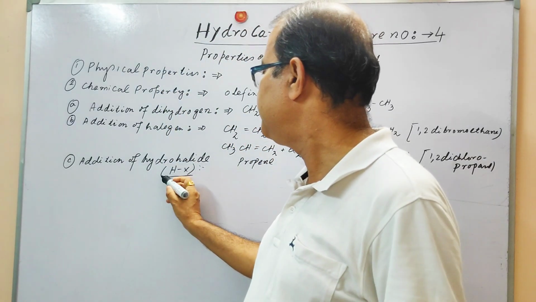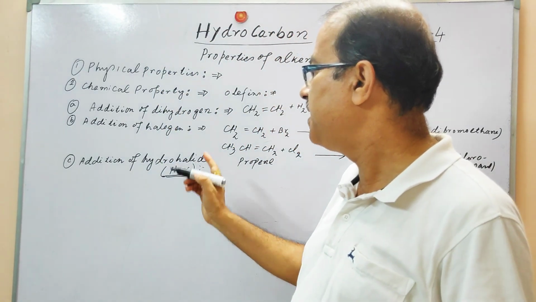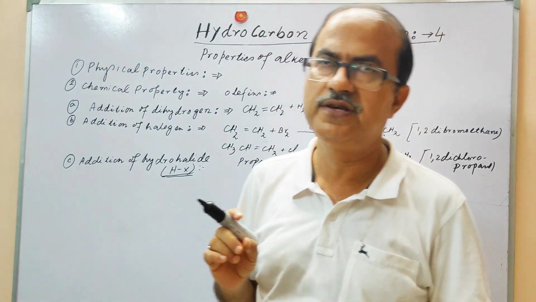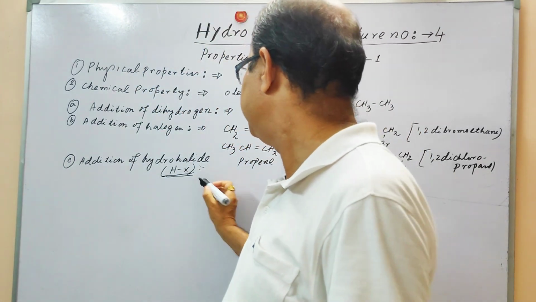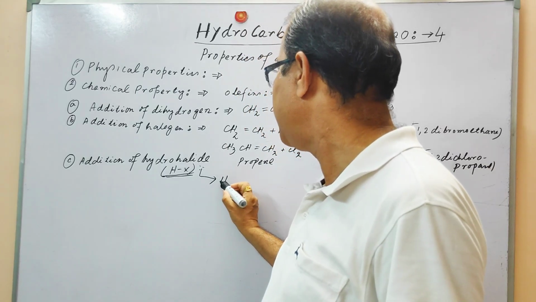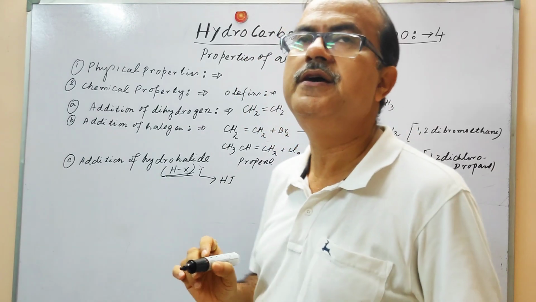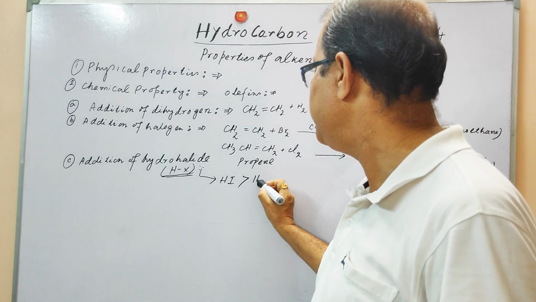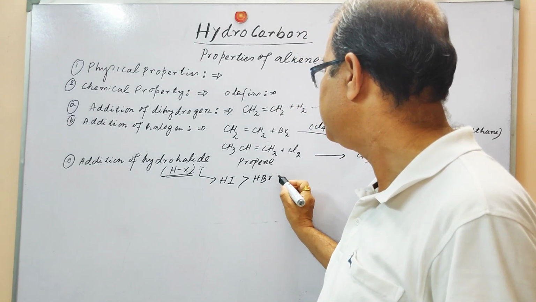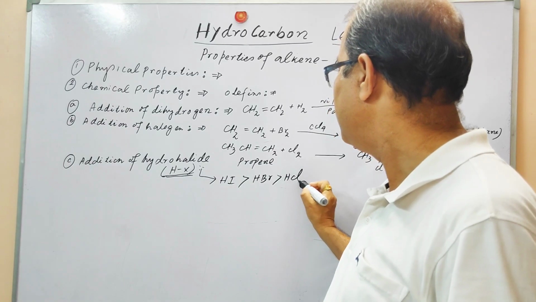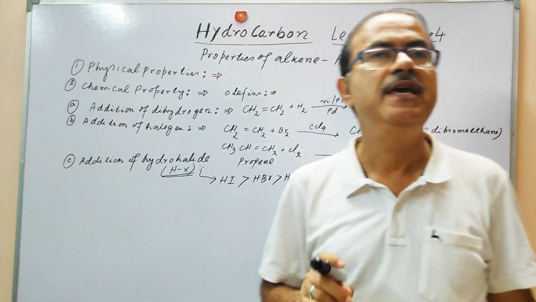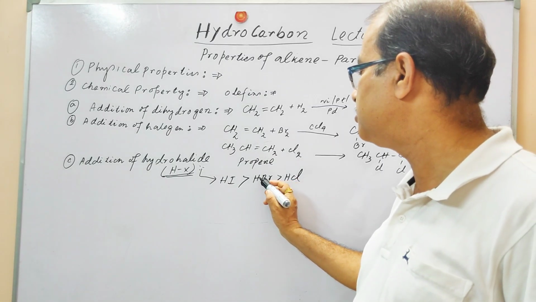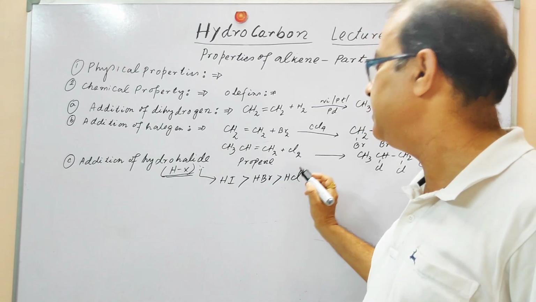In this respect, different hydrogen halides have different rates of reaction, and it is observed that HI has the highest rate of reaction compared to HBr, and HBr compared to HCl. Why is it so? Because the H-I bond strength is low compared to the bond strength of HBr and HCl.